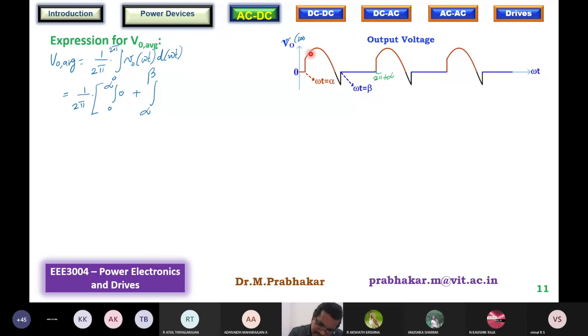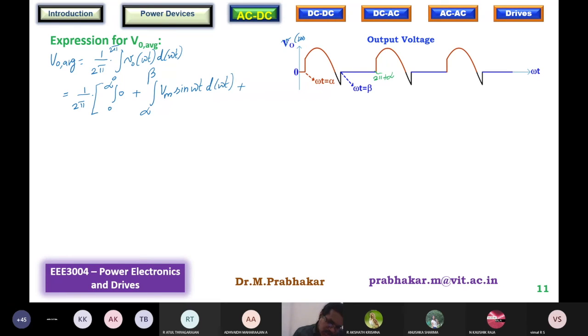It is just a sine wave, and the time duration is alpha to beta. This is alpha, this is beta. So alpha to beta, it is Vm sin omega t. Whatever waveform I have here, that's a sine wave. So I express that as Vm sin omega t, d of omega t.